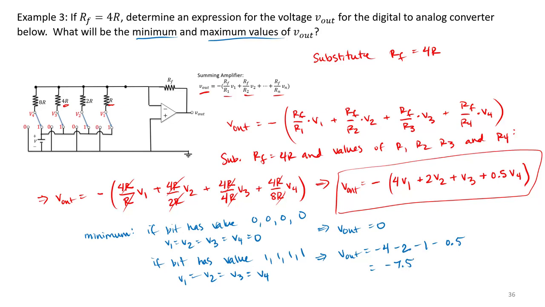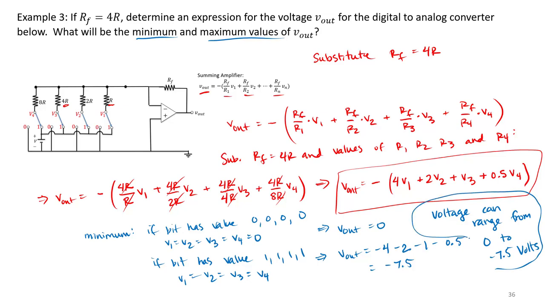So basically our voltage can range from 0 to minus 7.5 volts, depending on the position encoded in those bits.